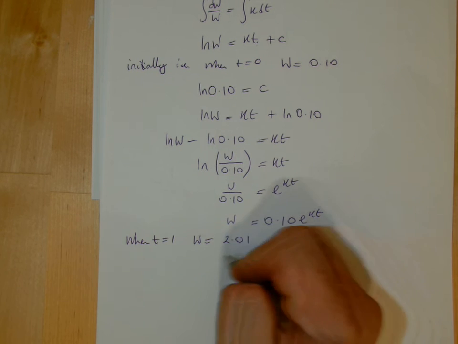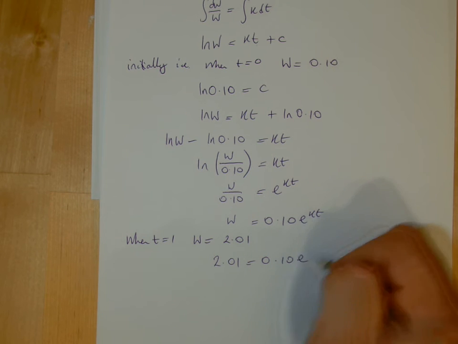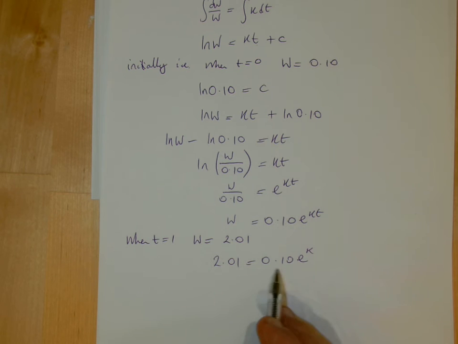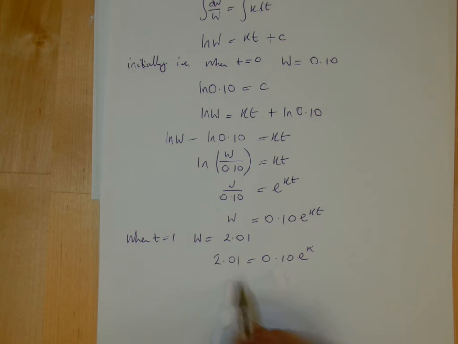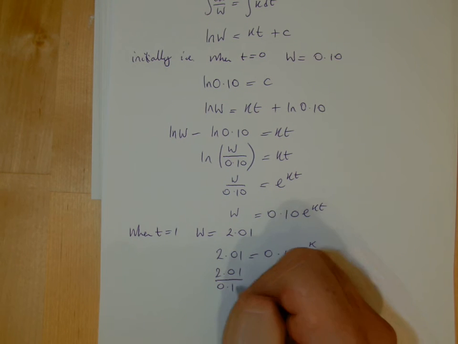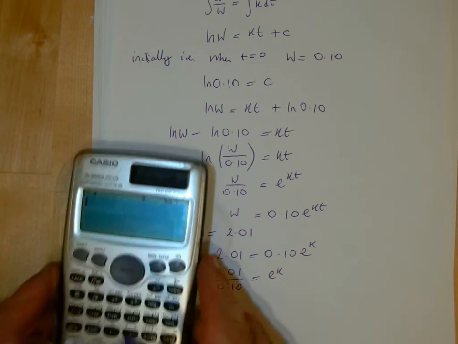So 2.01 equals 0.10 e to the, now t is 1, so that'll be k times 1, which is just k. Then the sensible thing to do is to take that over, 2.01 divided by 0.10 is e to the k. You might be able to work that out in your head, or we'll just check on our calculator anyway.